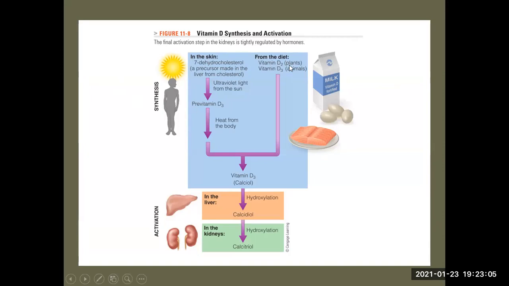From diet, it is vitamin D2 if it is from plants, or vitamin D3 if it is from animals, while in the skin, when we are exposed to sunlight, there will be formation of free vitamin D3, and this goes to the liver to form calcidiol, and then calcitriol in the kidney, and this is the active form of vitamin D that will work inside our body.